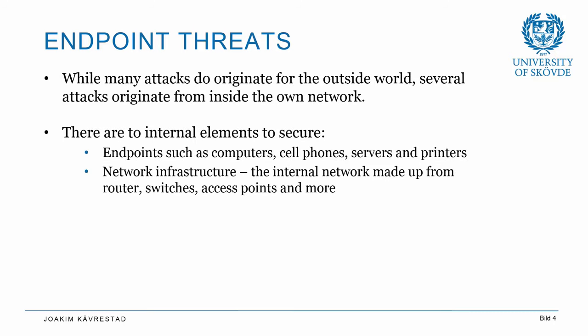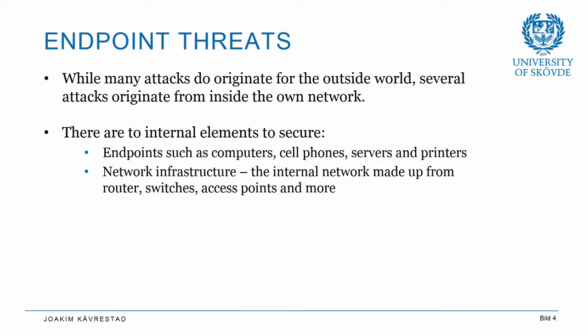While many attacks like the ones we talked about originate from the outside world, there are also several attacks that originate from inside our own network, and there are two internal elements to secure to have a good defense. First, we need to secure the endpoints themselves, and this includes not only computers but also cell phones, servers, printers.